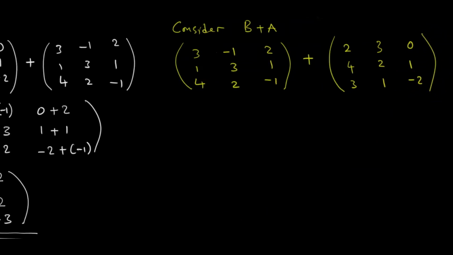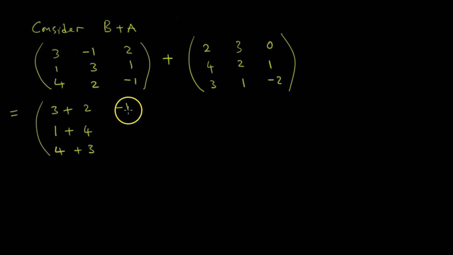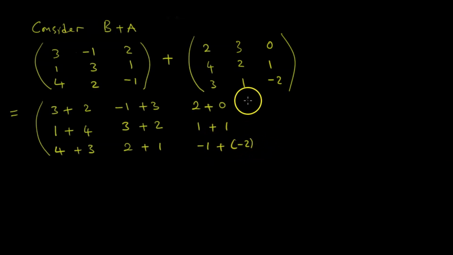So we want to see whether the answer we get is the same as the answer we got above. We have confirmed earlier they have the same order, so we just use correspondence. 3 at the corner plus 2, then 1 plus 4, then it's 4 plus 3, minus 1 plus 3, then it's 3 plus 2, then it's 2 plus 1. At the corner here, 2 plus 0, 1 plus 1, minus 1 plus minus 2.